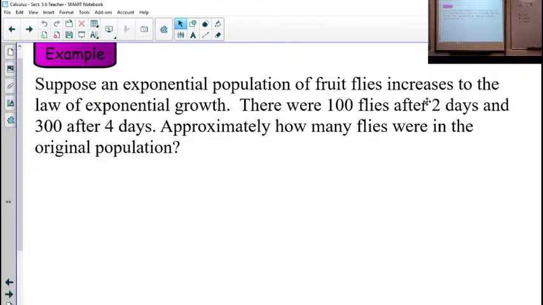Suppose an exponential population of fruit flies increases according to the law of exponential growth. There were 100 flies after 2 days and 300 flies after 4 days. Approximately how many flies were in the original population?